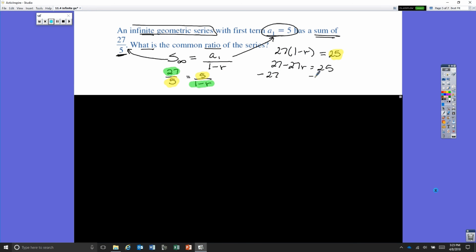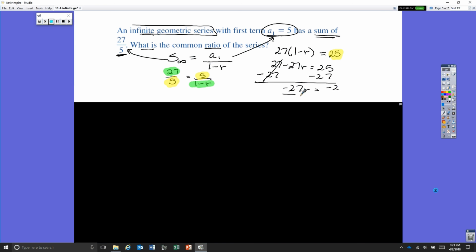Subtract 27. Negative 27r equals negative 2. Divide by negative 27. My ratio is 2/27. Is that a ratio of decay? Yes, it is. So I'm okay.